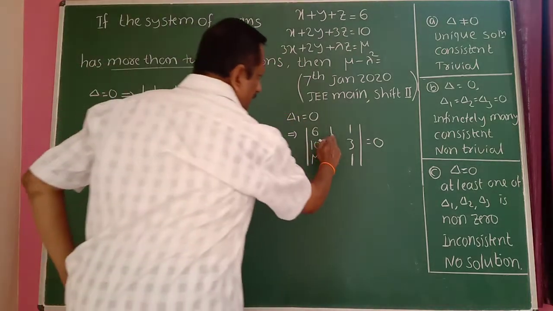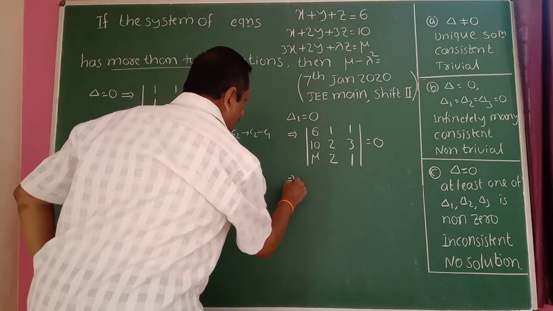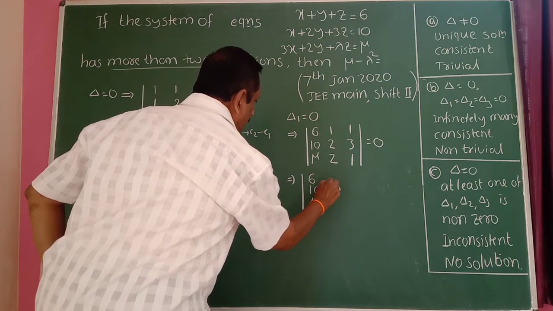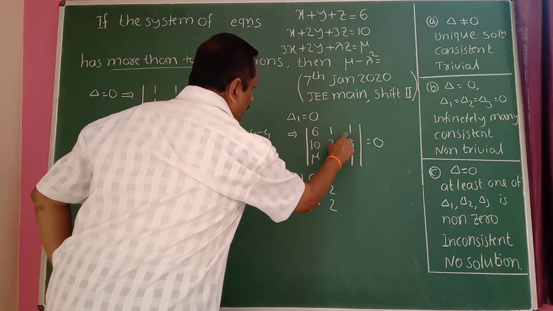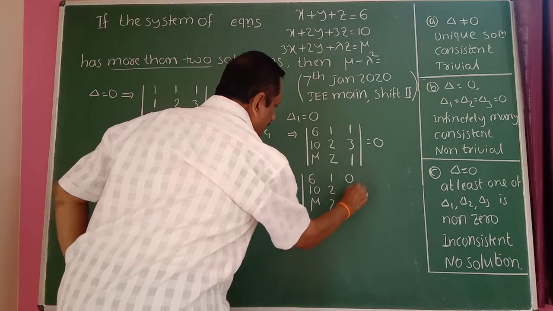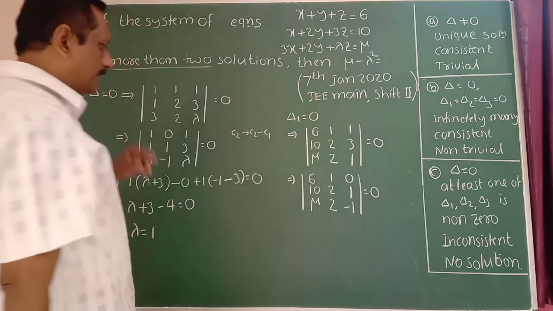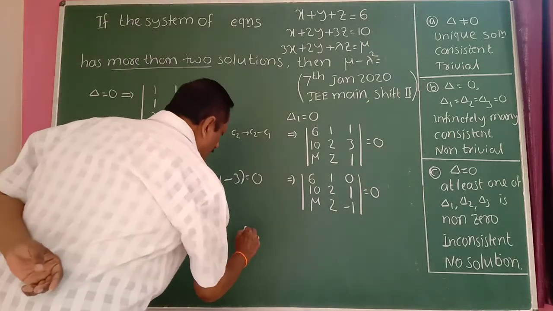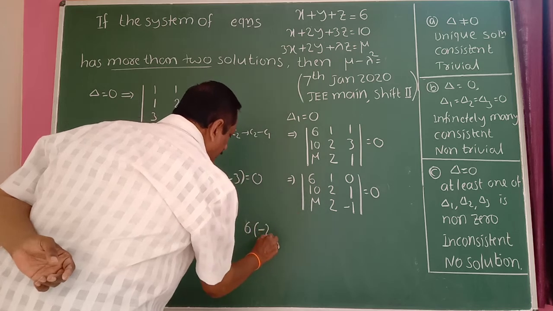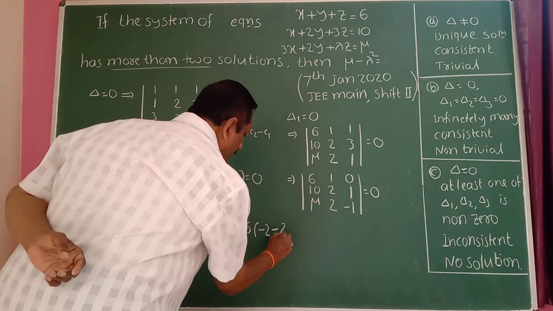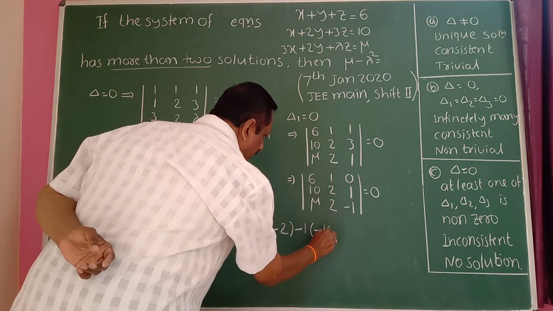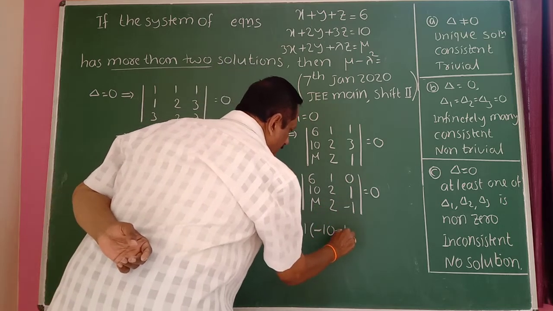Again subtract here, this becomes a 0. So this implies a determinant of 6, 10, mu; 1, 2 and 2; 1 minus 1 becomes a 0, 3 minus 2 gives 1, 1 minus 2 is minus 1, equal to 0. Now we expand it. Therefore mu; 6 into 2 ones are 2, minus of 2, minus of 2 ones are 2; then minus of 1, 10 into minus 1 is minus of 10; minus of mu into 1 becomes a mu.